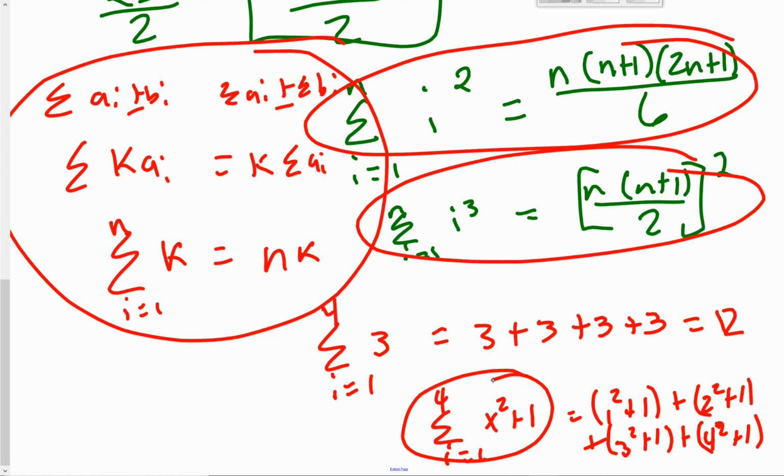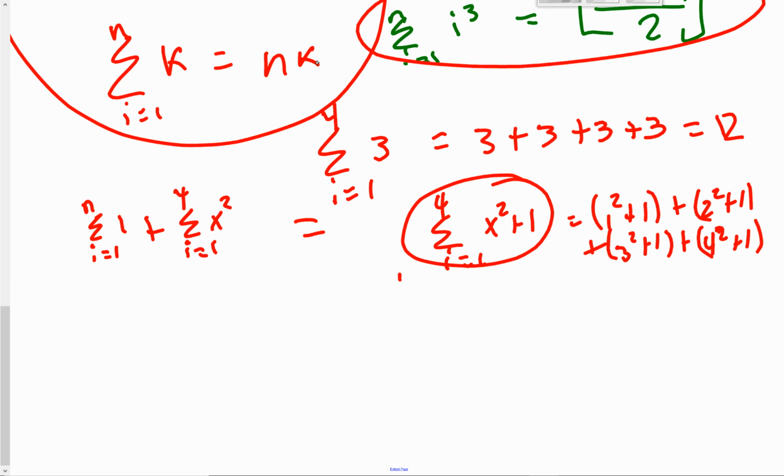You could separate this into the sum of i equals 1 to 4 of x squared, and then we could just add, because we're using this sum property here, the sum from i equals 1 to n of the constant, and remember that constant, that's just n times k. I guess we started at 1, we ended at 4.